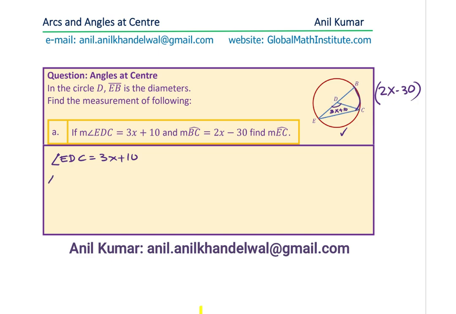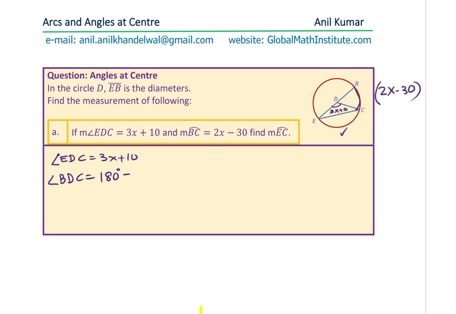Well, that means that the angle BDC should be equal to 180 degrees minus 3x plus 10, correct? And we know that that should be equal to the arc BC, right? So that arc BC, which is given to us as 2x minus 30, that should be equal, right?